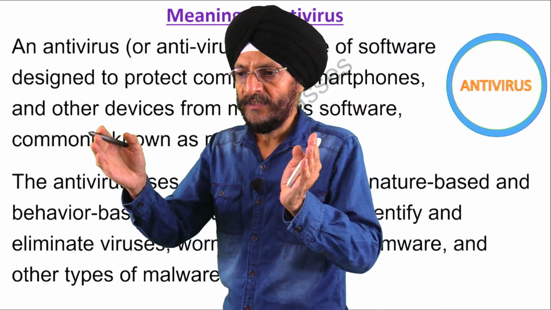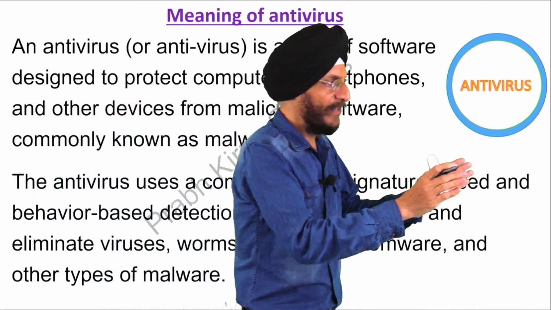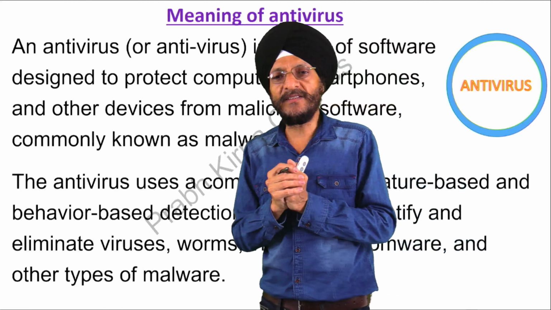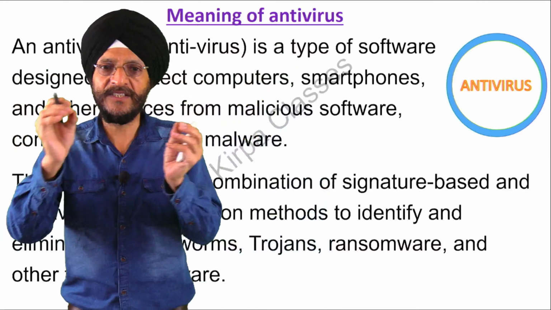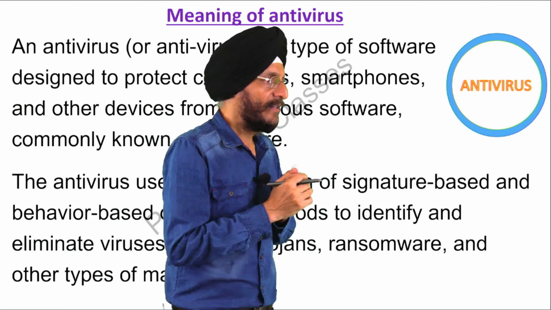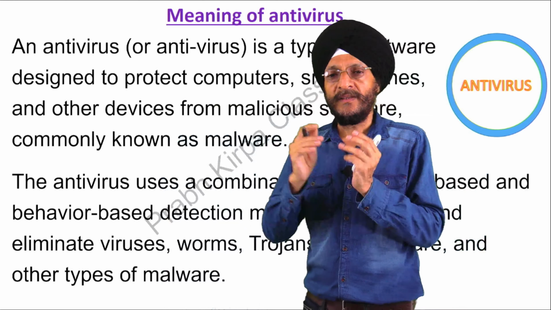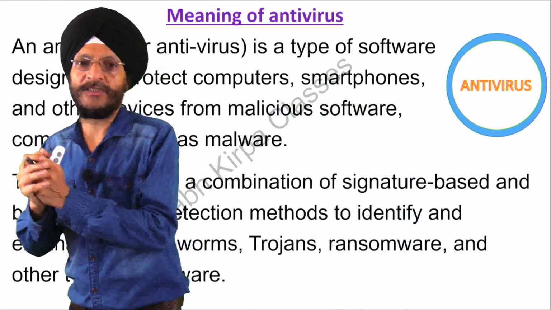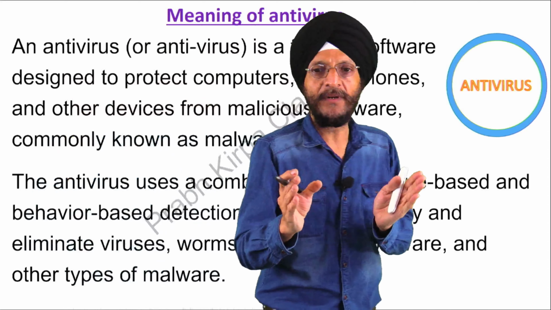Suppose the shopkeeper has two types of antivirus software with him, in which he earns, say, a commission of $5 in one case and $10 in another case. The commission is higher in the case of $10. It is unbranded antivirus software.